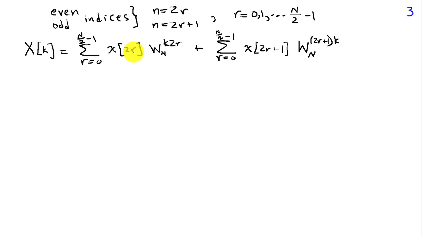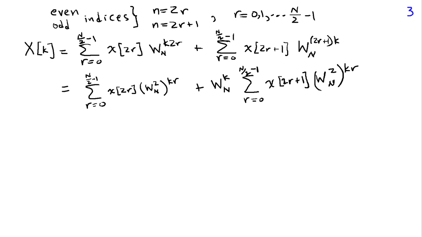Thus, x of k, my DFT coefficient, can be expressed as a sum over r, where for the even indices I have x of 2r, and I'm going to replace n up here with 2r. And then for the odd indices, I have x of 2r plus 1, and then W sub N to the (2r plus 1) times k. What we're going to do is factor out the term of W here that doesn't depend on r.